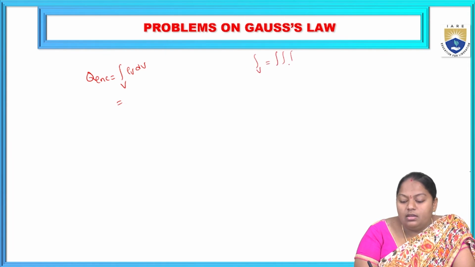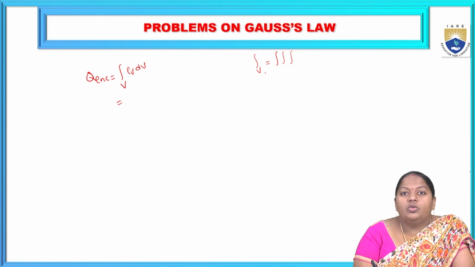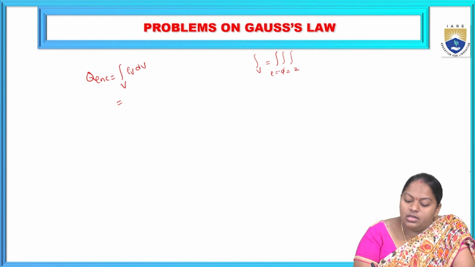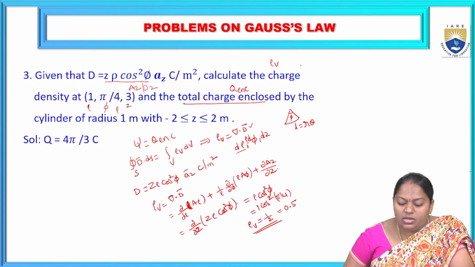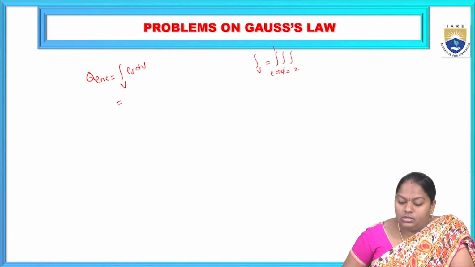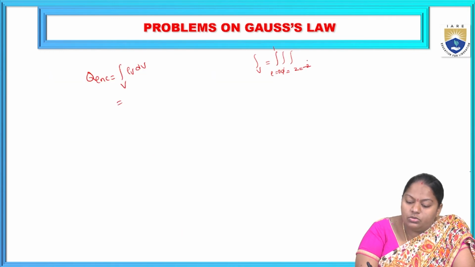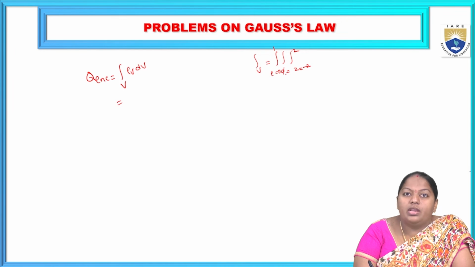Here we are talking about the cylindrical coordinate system. Rho is the radius, given as 1 meter, hence 0 to 1 meter. Z ranges from -2 to 2, and phi is the variable which ranges from 0 to 2 pi.